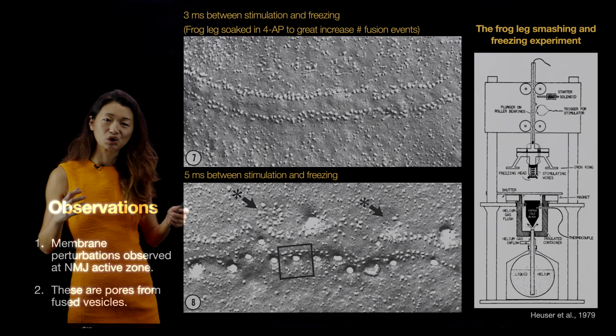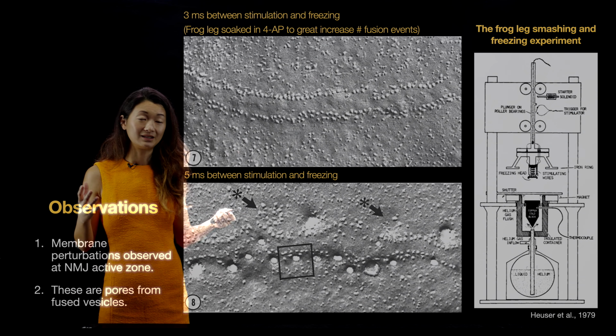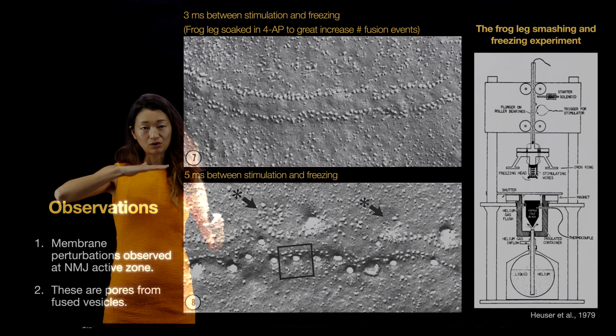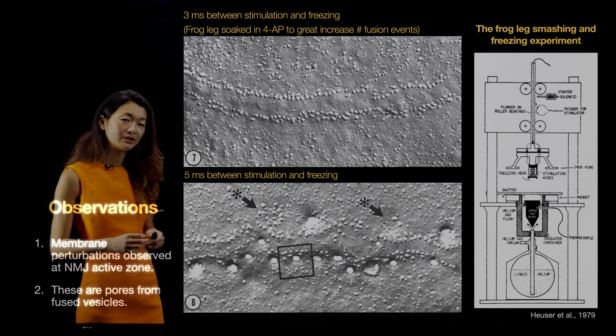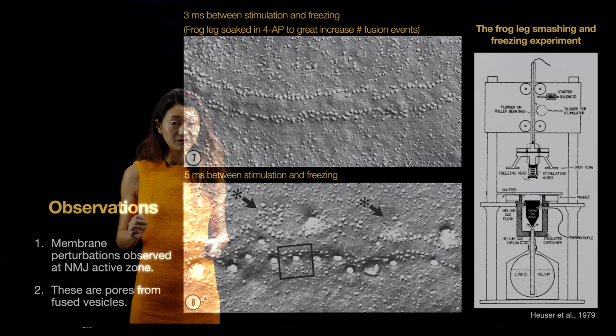It almost looks like craters on a lunar landscape or something. That's exactly topologically what it is. These vesicles have fused with the membrane, and what we're seeing now is actually the cross-section of those vesicles that have fused.